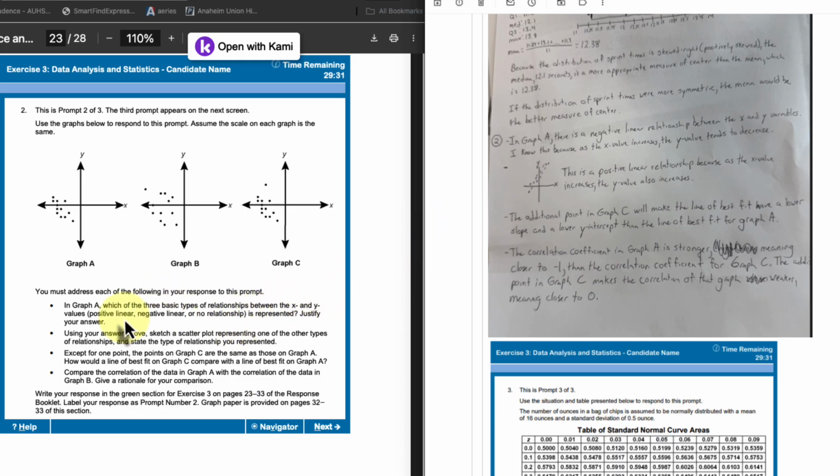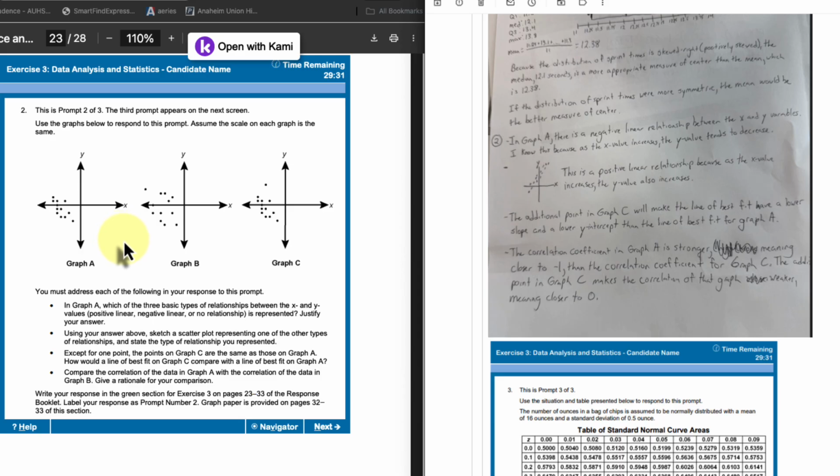In graph A, which of the 3 basic types of relationships between X and Y? Yeah, so you're saying that this graph over here is a negative linear relationship between X and Y variables. I know this because as the X values increase, the Y values decrease. You're going down. Okay.